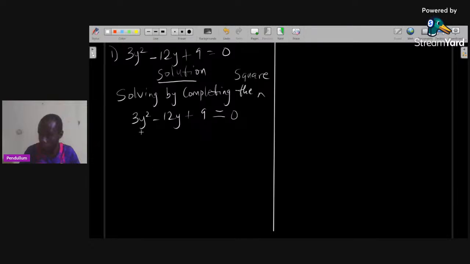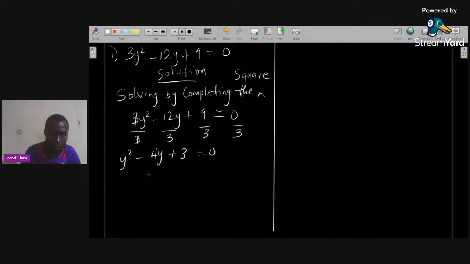So to make it unity, I need to remove this 3 here. And to be able to remove 3, we'll divide through by 3 so that 3 will cancel out itself. All right. So if I divide everything by 3, 3 here will cancel out, 3 here will cancel out 3. So I'm left with y squared minus 12 divided by 3, sorry, will give you 4y plus 3 equals to 0.